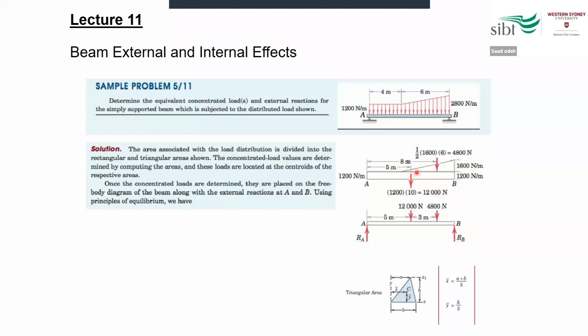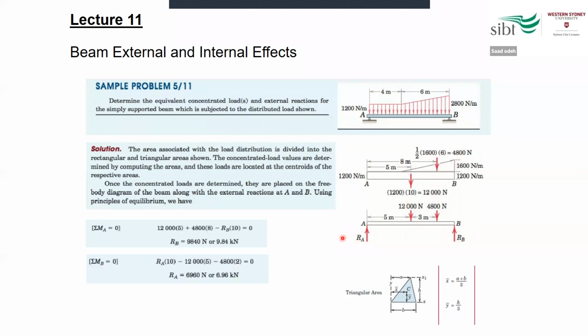We find the centroid of each one of these, and then, applying the moment, draw the free body diagram, giving all the external forces and internal forces applied on this beam. Then we can do the moment around any point using the centroid of each shape, and then we can find the equivalent concentrated load.